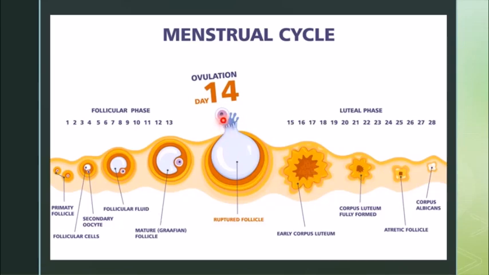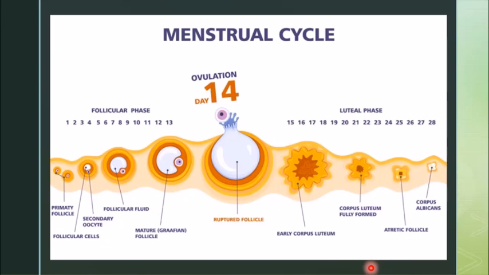As soon as the oocyte reaches the uterus, it will implant itself. So that is why the progesterone is secreted from the corpus luteum. Under the effect of this progesterone, the endometrium lining secretes their secretion. So this is the phase through which the progesterone is secreted.